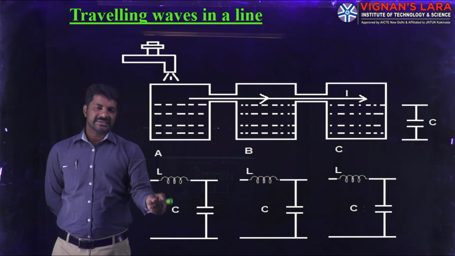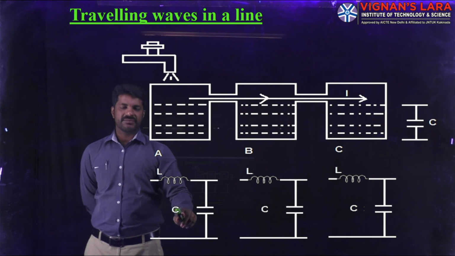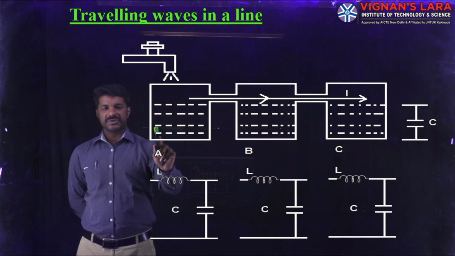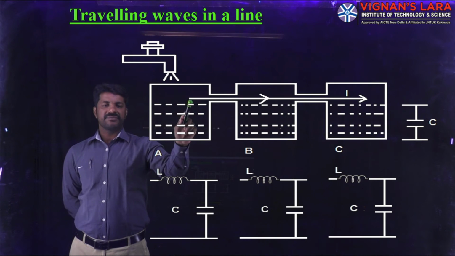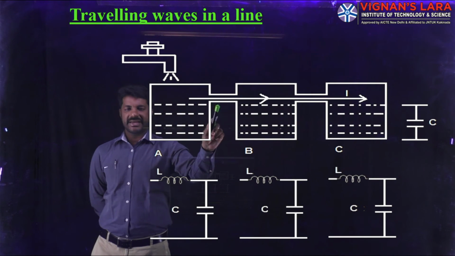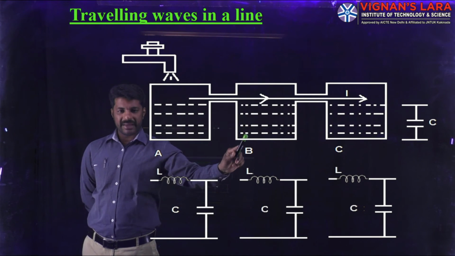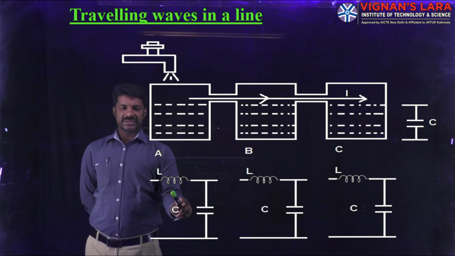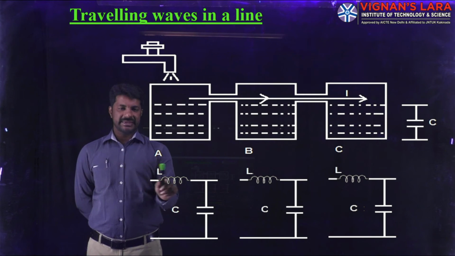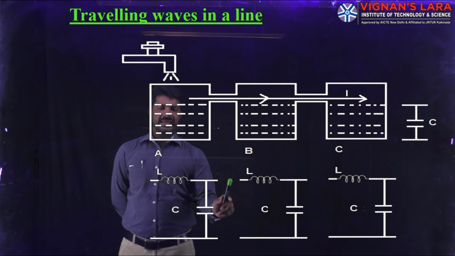So whenever the capacitor gets fully charged, then it acts as a source, or it creates a path for the next section. If you observe, if the water is filled in the first tank A, then only because of this channel provided here, the cascading connection between the tanks, the water will have a path to go into tank B. In the same way, here also, if and only if this first capacitor gets fully charged through the charge allowed by the inductor, then only the voltage will be applied to the second section.